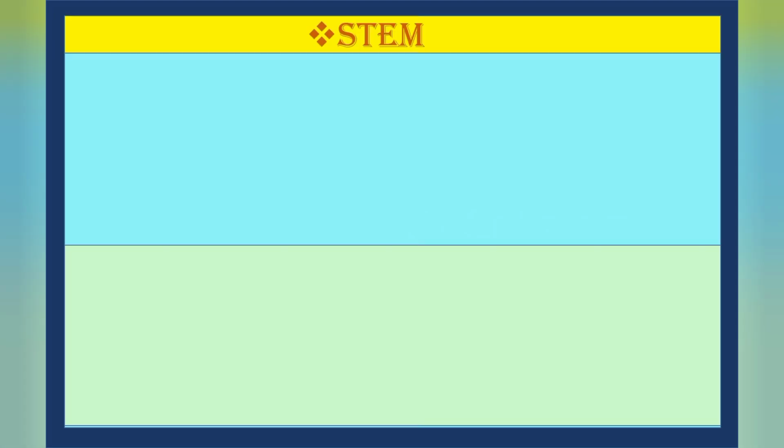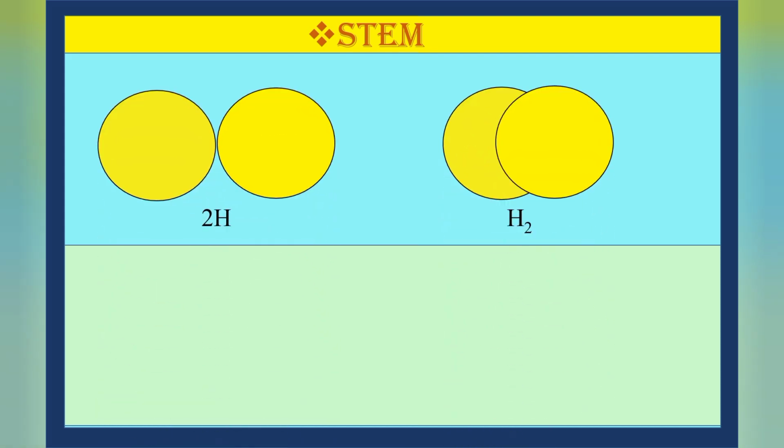Dear students, let's start from the stem. Here we are watching one picture, right? Here there is one circle and another circle. There is 2H and it is mentioning something, right?